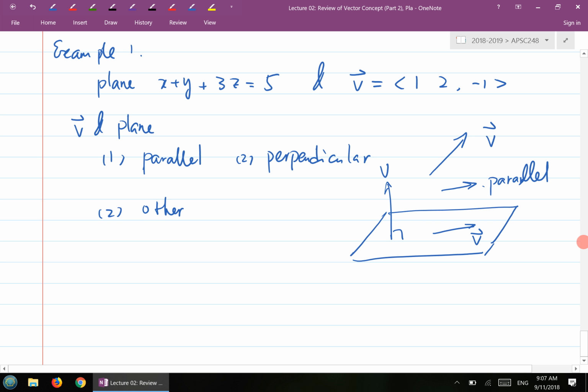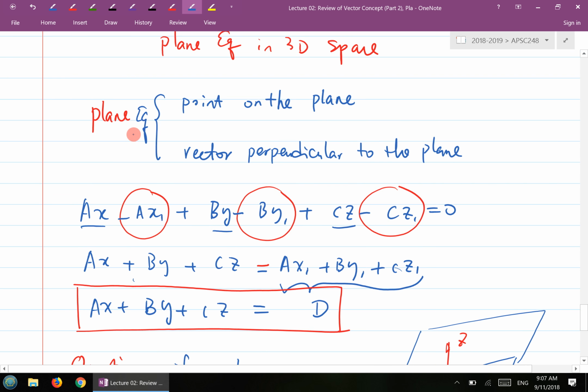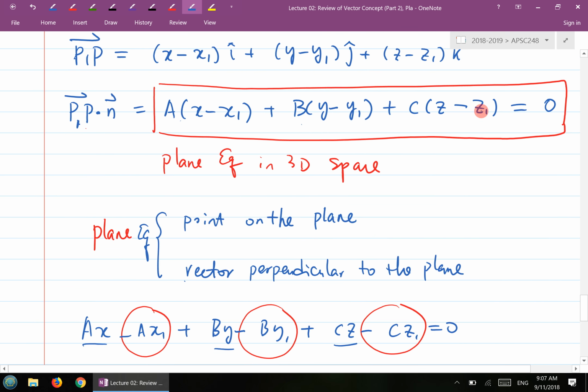You're given a plane. You're given a vector. When I derived the plane equation, I mentioned what you need: you need a point on the plane and a vector perpendicular to the plane. Once you have these two pieces of information, you plug them into the plane equation and you get a plane equation.